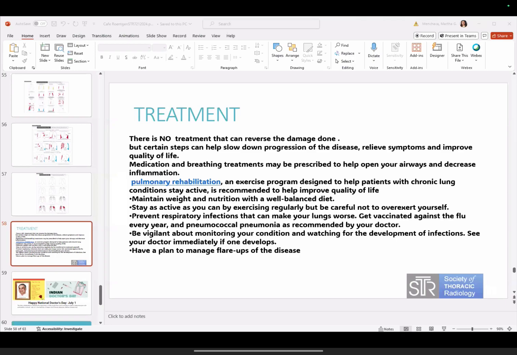Okay, so that again is difficult, because you see that even if you do PET CT. Progressive massive fibrosis is usually bilateral.